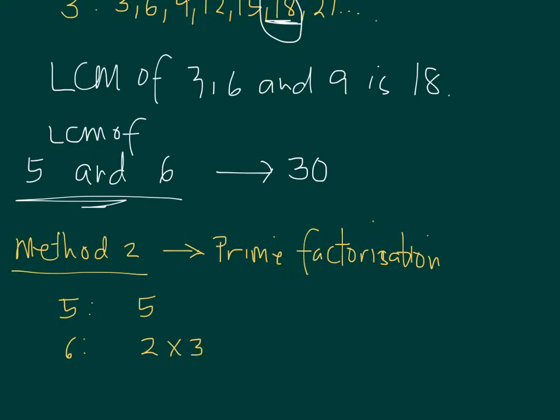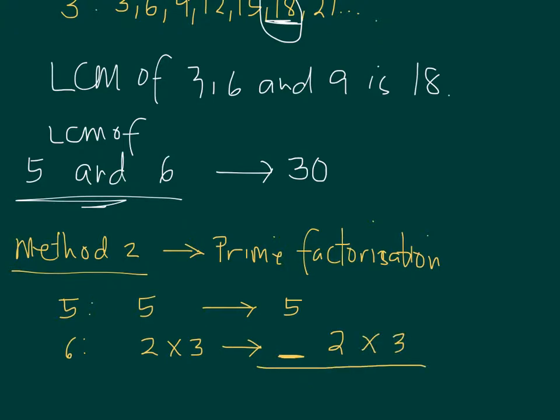So to get the LCM through prime factorization, what you need to do is to write the factors in this manner. Try to align the common factors of each. But since there are no common factors, when we place the factors of 6, we leave a space below 5, and then we have 2, and then 3.